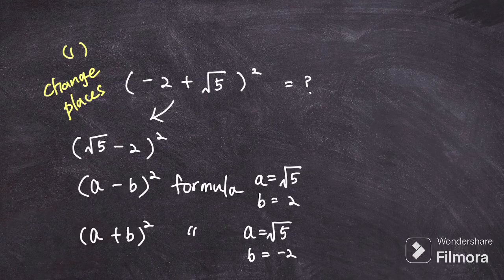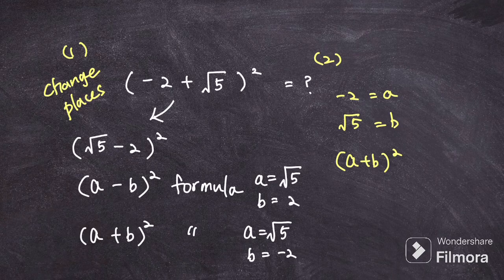So that's one way. The second way is to just solve it as is. So define negative 2 as a and square root of 5 as b, and plug those numbers back into the formula of a plus b squared. Right? That also makes sense, right? You can visualize how that would make sense as well. Alright, so that's another way. So off the top of my head, I have 3 methods to solve this original question.